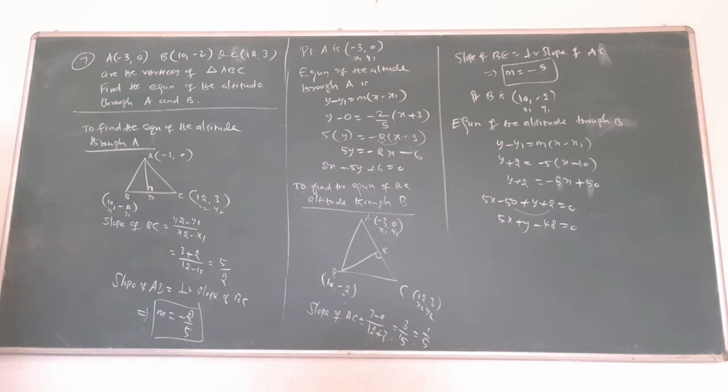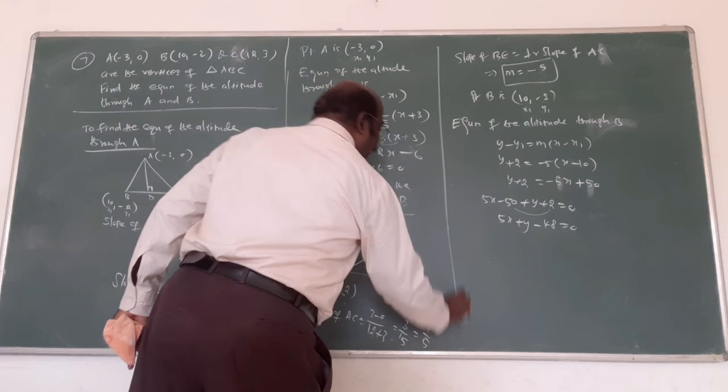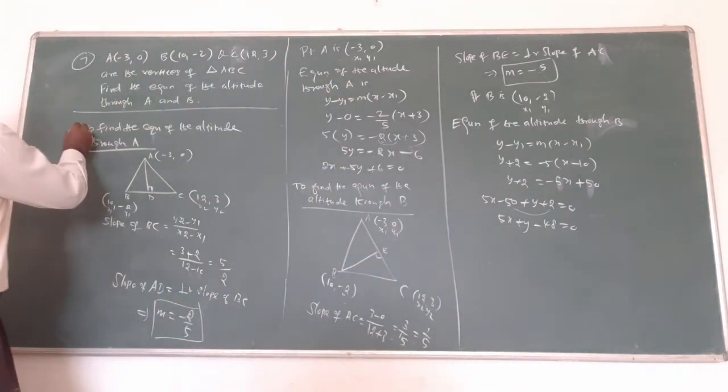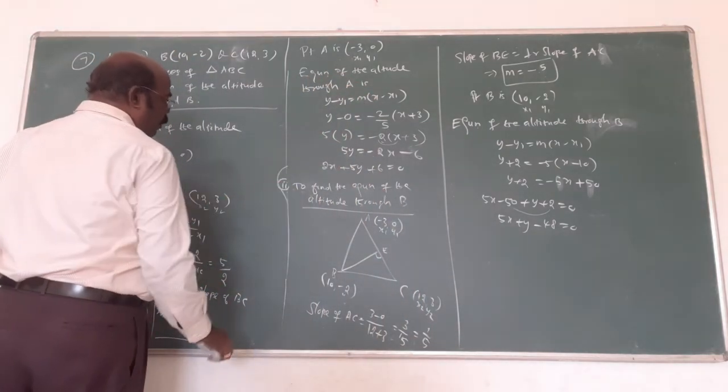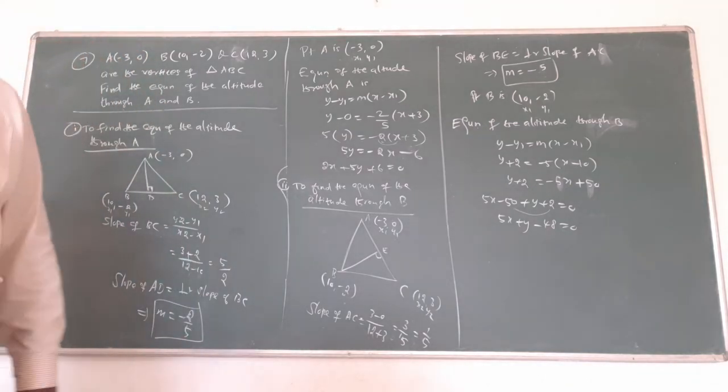Check the answer: the first subdivision is the equation of the altitude through A, 2x plus 5y plus 3 equals 0. The second subdivision is 5x plus y minus 48 equals 0. Put the headings one by one. Am I right? That's all.